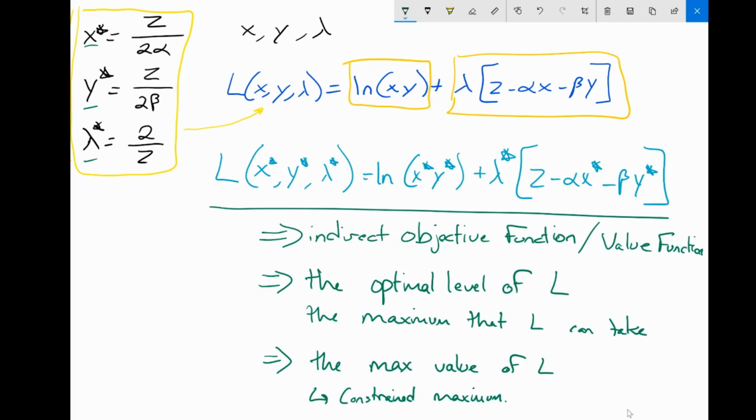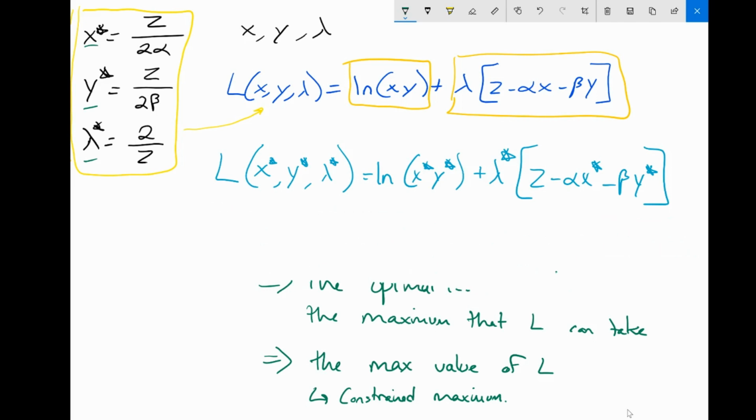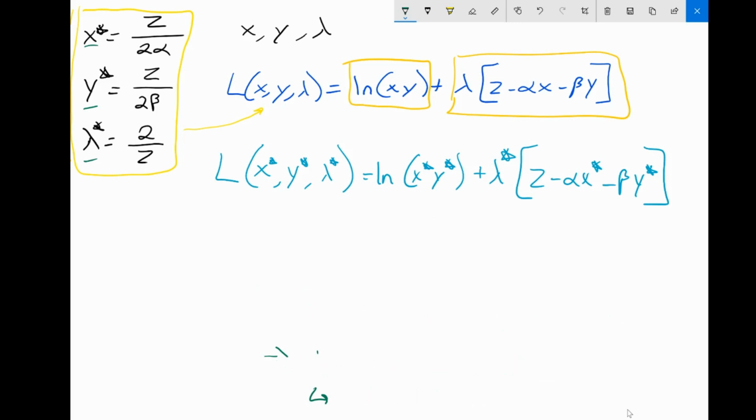All right, I'm going to erase this now. This optimized function is somewhat interesting in a couple ways. First, one thing we will notice is that x star, y star, and lambda star are all functions only of parameters. All right, they're functions only of parameters. That means this function is a function only of parameters.